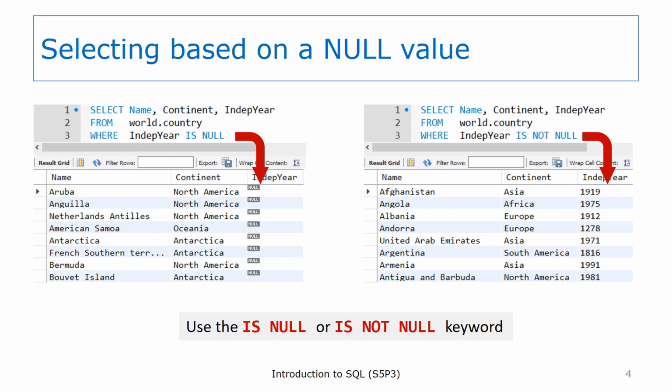It either is null, in which case there is no value in the column, or it is not null, in which case there is a value. Keep in mind the value is one thing and the null state of the column is another. When you're comparing for a value in a column, that is where you use the comparison operators. When you're checking for states of the null, you use the is null or is not null keywords.